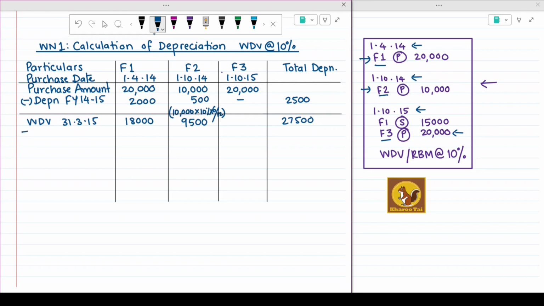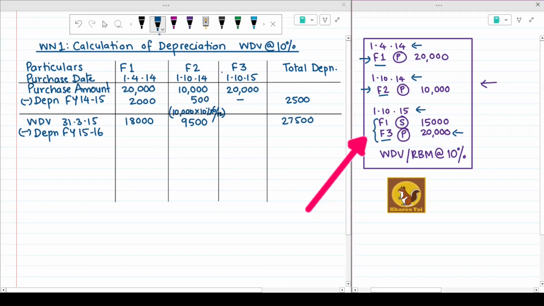Then in second year, depreciation for financial year 15-16, as this is WDV method, we will calculate depreciation on written down values. So in the year 15-16 we have these transactions, right? On 1st October 15 we have purchased one asset, furniture 3, and sold furniture 1. So let's first calculate depreciation on furniture 3, the new asset that we have purchased.